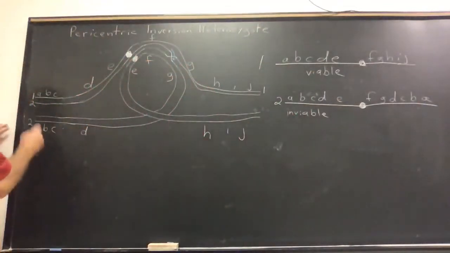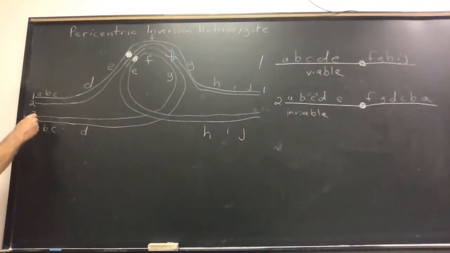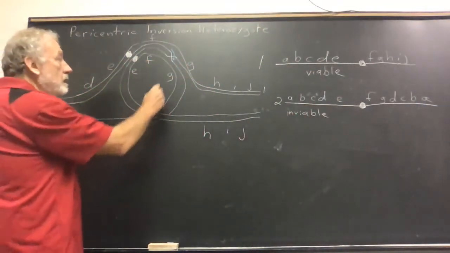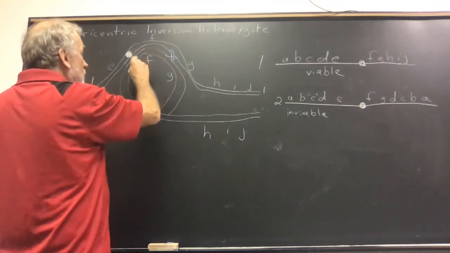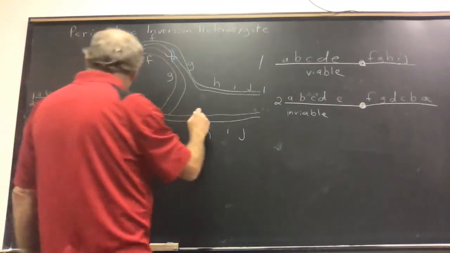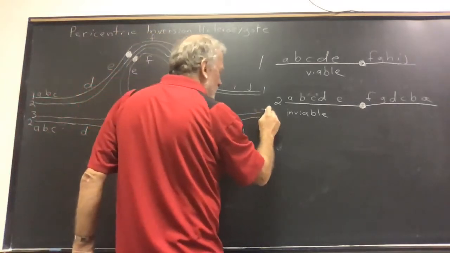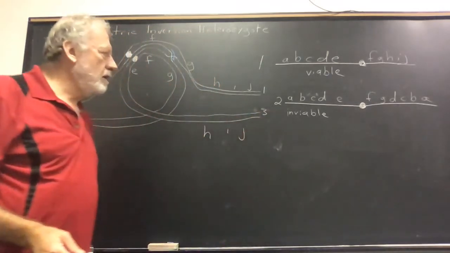Let's do the third chromatid. A, B, C, D, G, F, centromere E, H, I, J, and we end up at the same level on the other side.